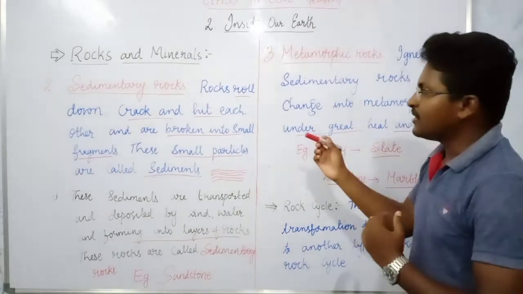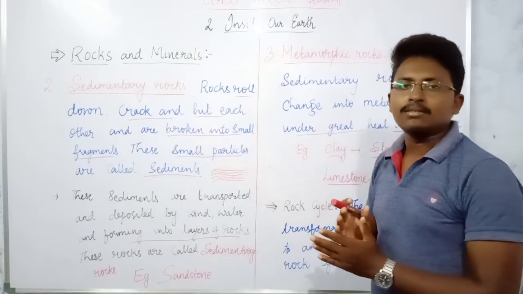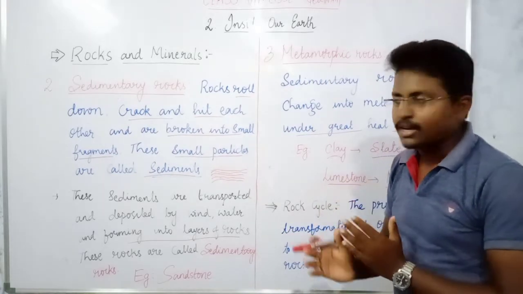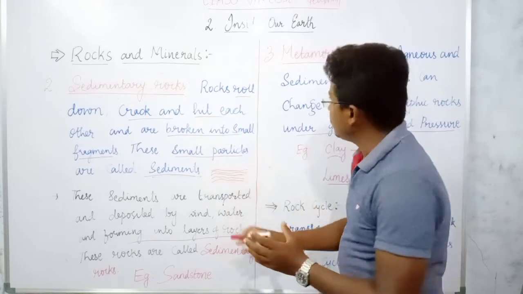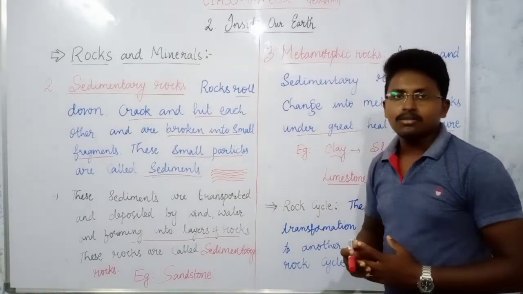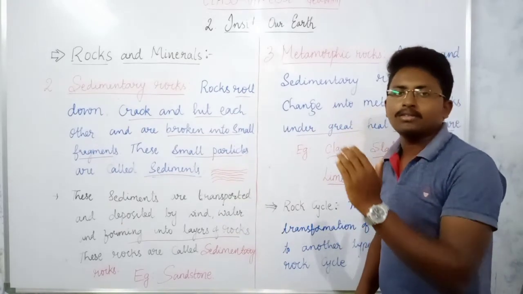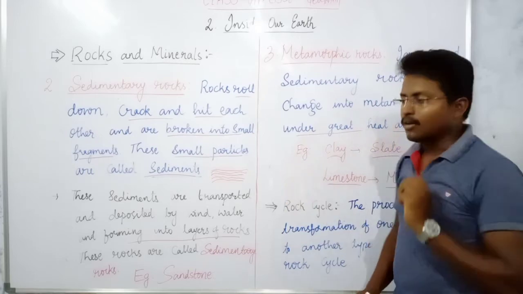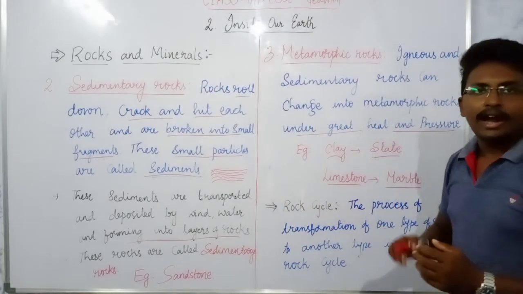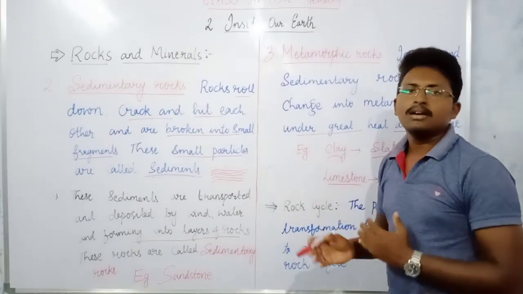As we have seen, first the igneous rocks are formed, then these igneous rocks are slowly turned into sedimentary rocks. Again these sedimentary rocks are turned into metamorphic rocks. That means the process of transforming one type of rock into another over a period of time, we call the rock cycle, and it is a cyclical process which happens continuously or regularly.